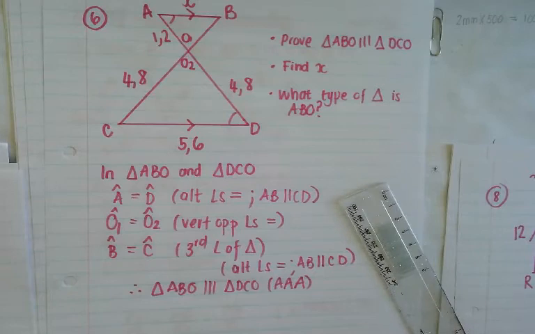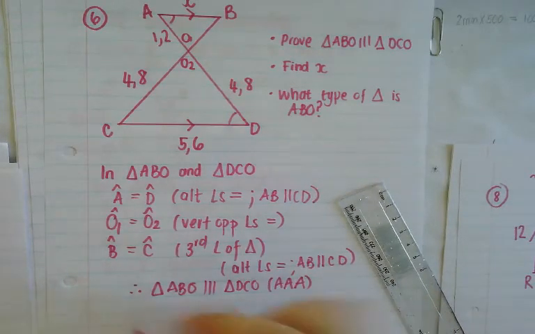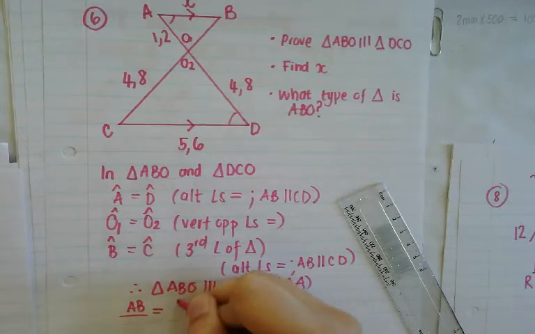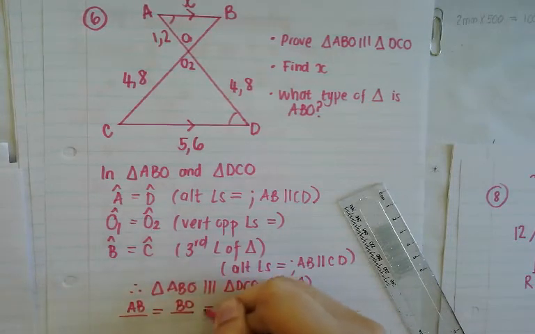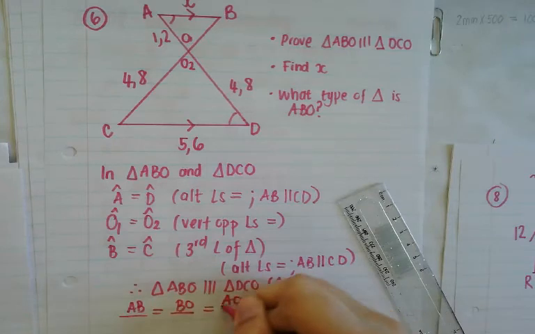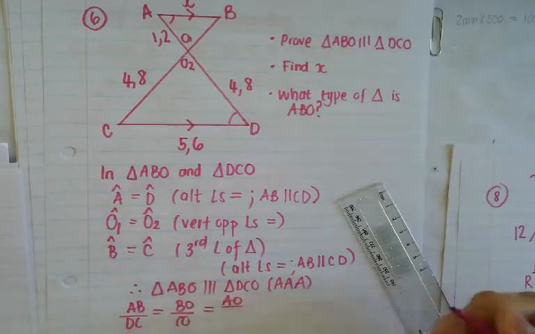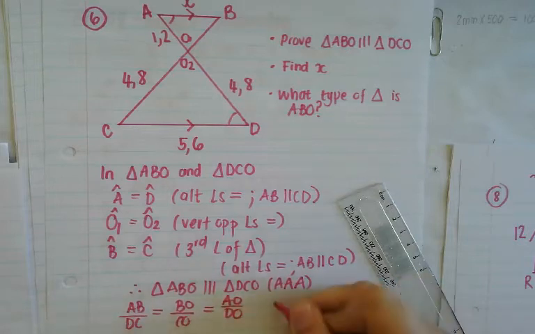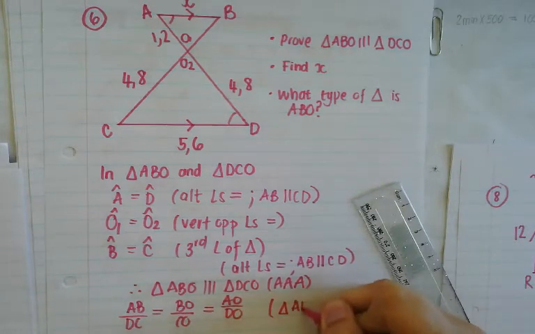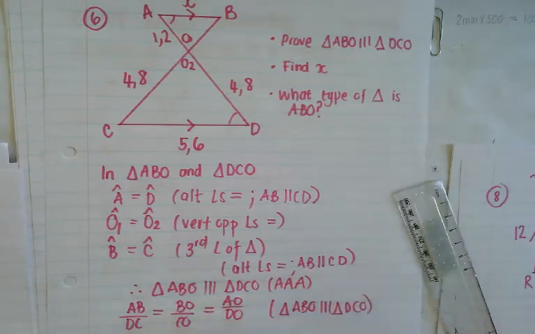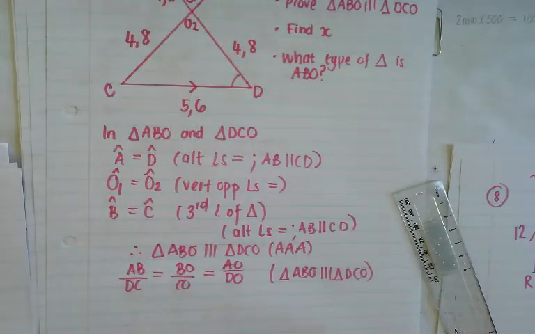Now we're going to find our missing side. So first two, second two, first and last. Why can I say that? Well, I've already proven that they are similar. So now let's substitute what I have.